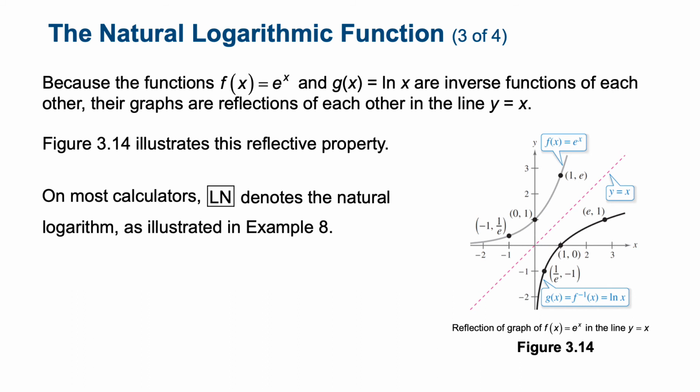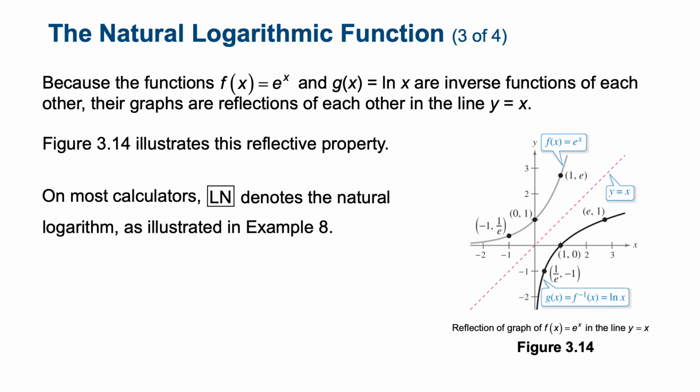Notice here that you have (0, 1) on e to the x and (1, 0) on ln of x. And for x equals 1 on e to the x, you have the point (1, e), and for ln of x, you have the point (e, 1). So they're just mirroring. You can see they have the same properties of all logarithmic functions.